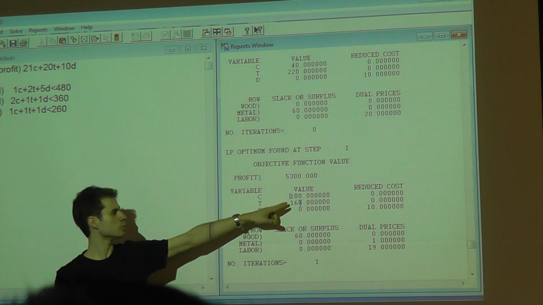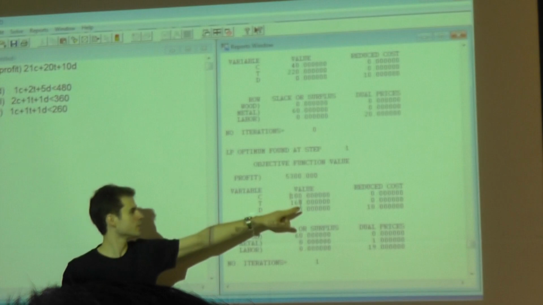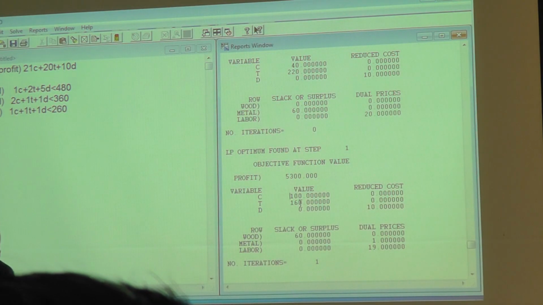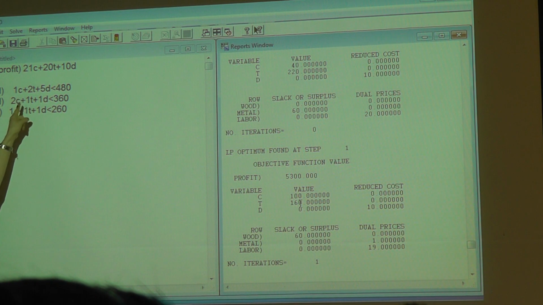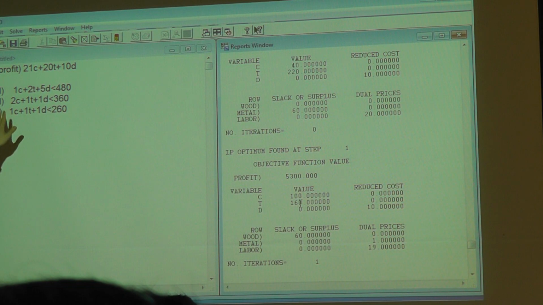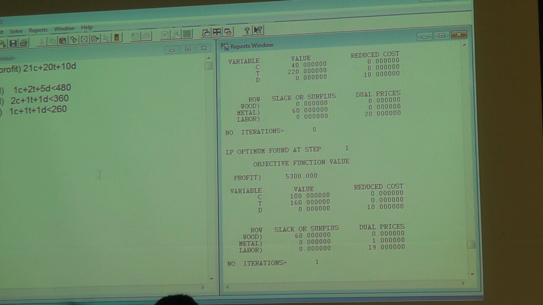The best strategy is now to produce 100 chairs and 160 tables, compared to 40 chairs and 220 tables before. That's how sensitive our problem is to a change in the profits that we derive from the sale of something.